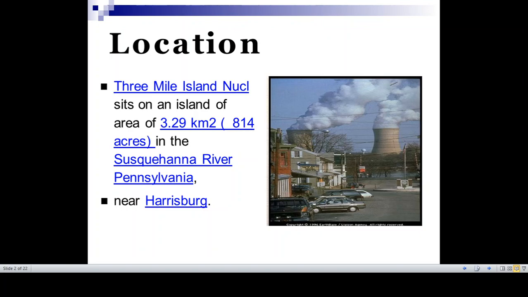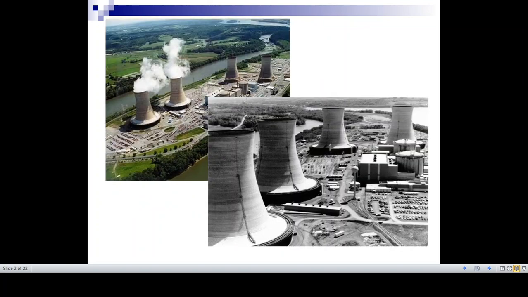You have to keep in mind the place, that it is 10 miles from Harrisburg, Pennsylvania. It is located in the United States of America, and it is considered till now the biggest nuclear accident till date. This is some of the pictures of the nuclear accident, and you might be seeing that there are four power plants.